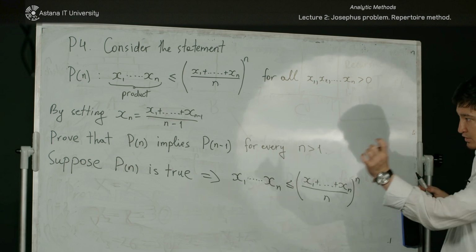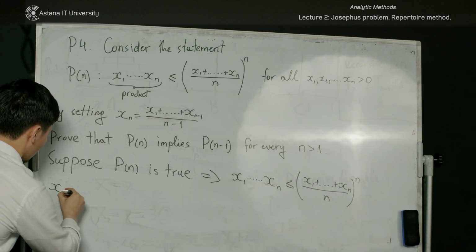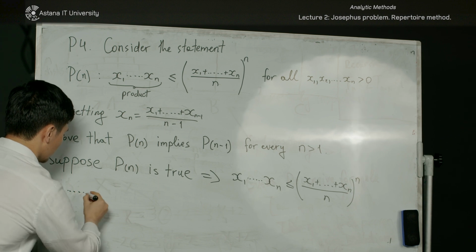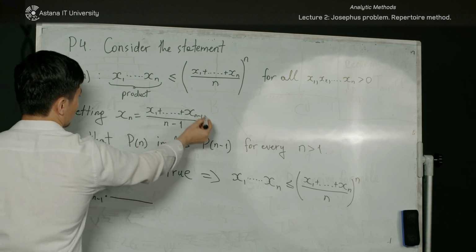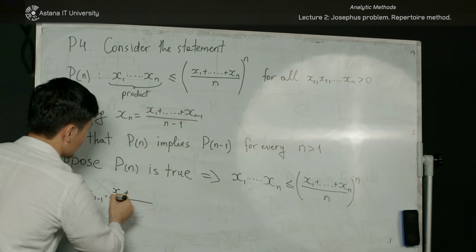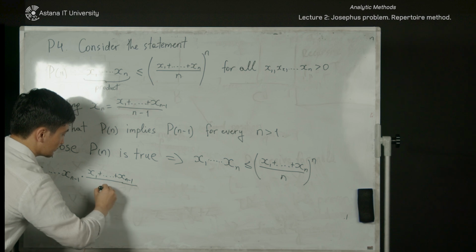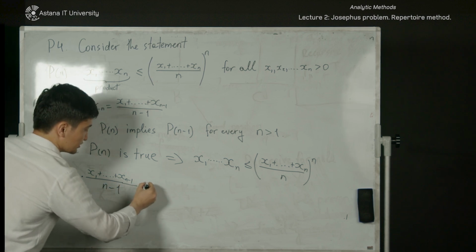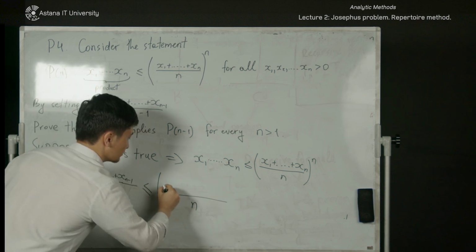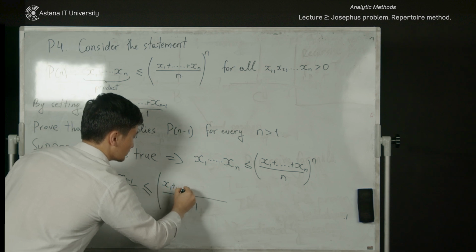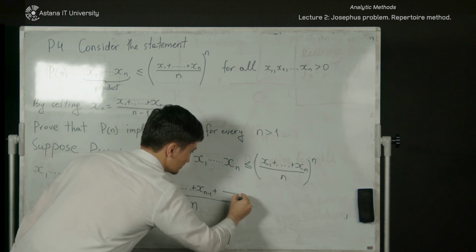So I'm going to spell it out separately over here. I'm going to write x1 product until xn minus 1 and multiplied by this expression, which is basically a substitution for xn. Now, which is less or equal than this expression. So x1, we also have xn minus 1 over here, and the sum of this.